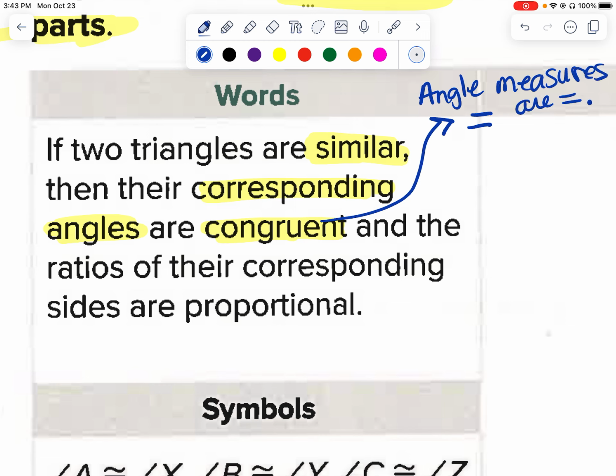And the ratios of the corresponding sides are proportional. Okay, so we're going to talk about that right now.